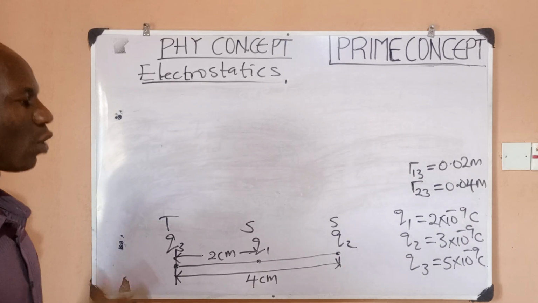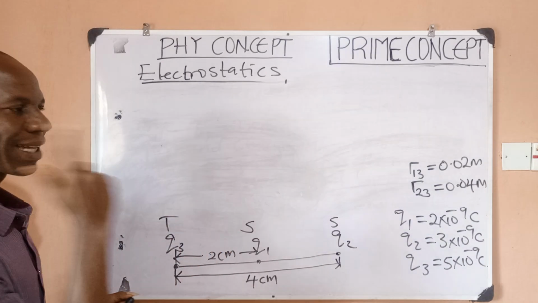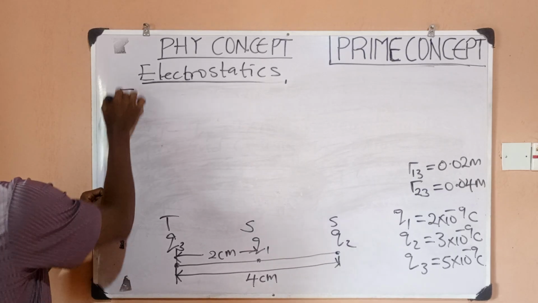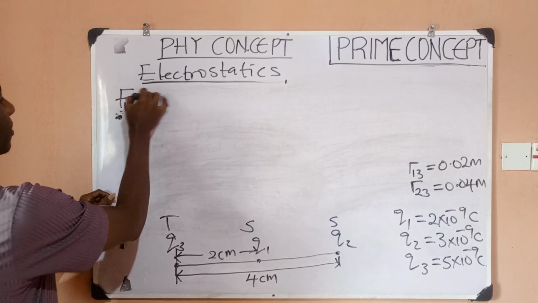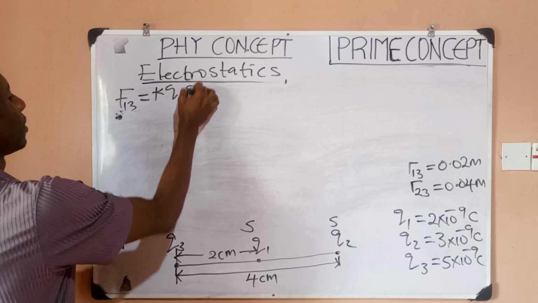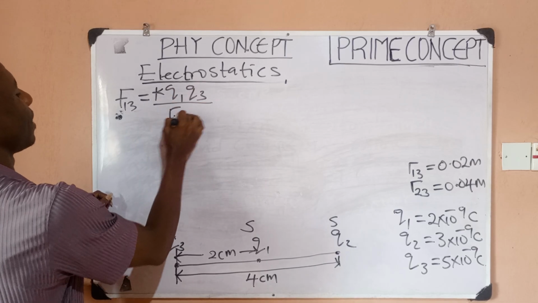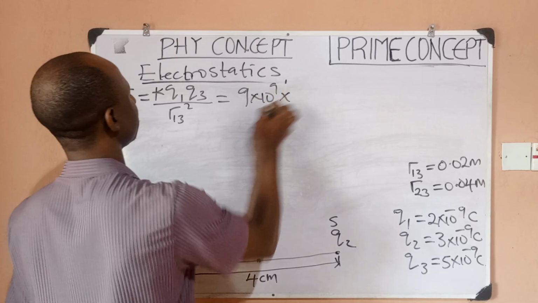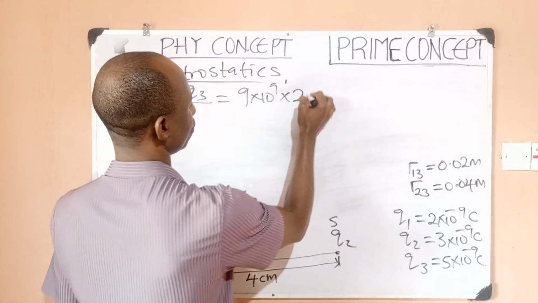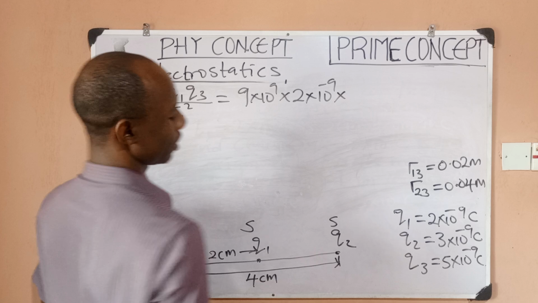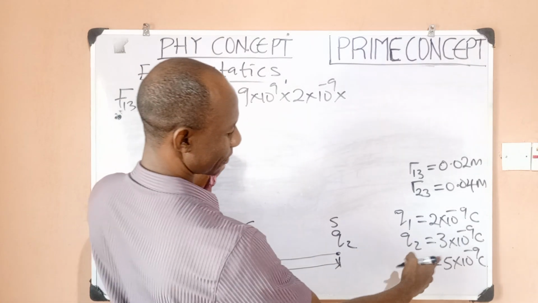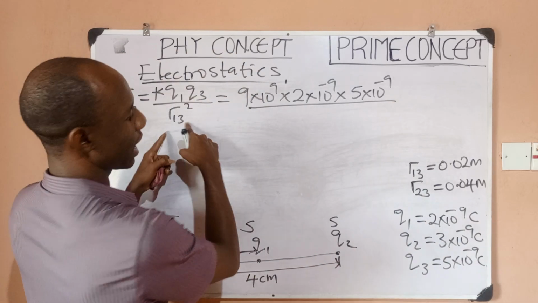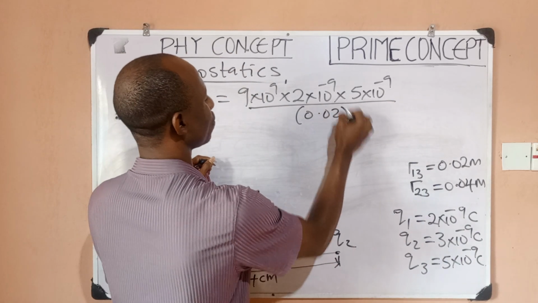So the first thing we want to do is find the magnitude of force between Q1 and Q3. I'm going to call it F13, which is k Q1 Q3 over R13 squared. K is 9 times 10 to the power 9, Q1 is 2 times 10 to the power minus 9, Q3 is 5 times 10 to the power minus 9, divided by R13, which is 0.02 squared.